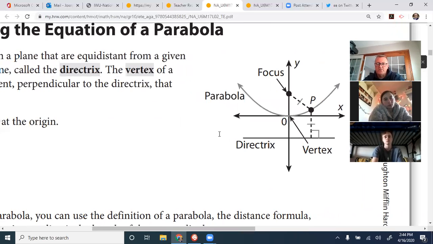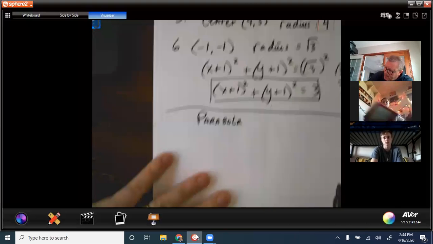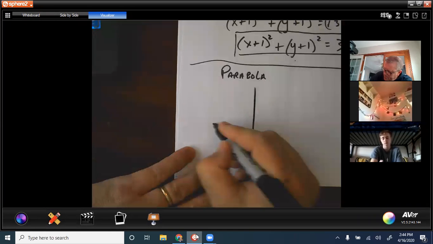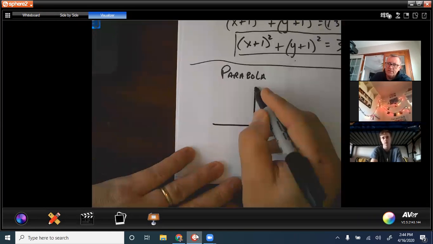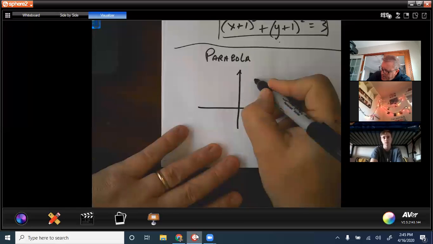All right, let me make a picture and kind of teach you from the beginning. So if I have a coordinate plane like this, and here's a parabola.